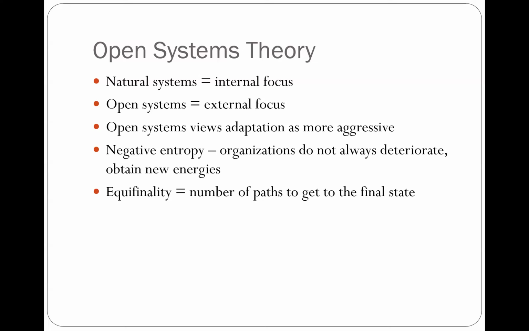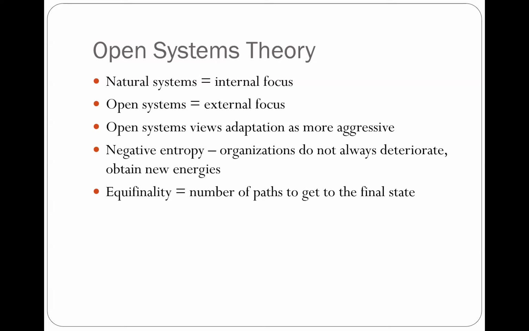As organizations mature, yes, they're going to dissipate some energy and resources into the environment, but they can also obtain new energy and resources from that external environment as well. And that's what negative entropy is. Offsetting the resources that you lose with new resources you're able to import from the external environment into your organization.